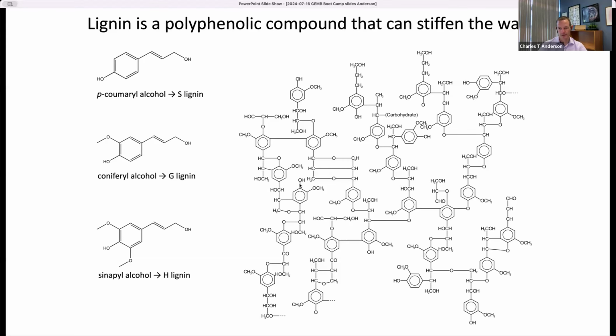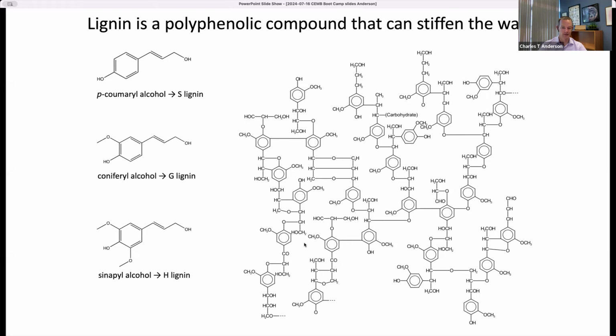And you can imagine, again, thinking back to OChem, that this whole polymer might be fairly hydrophobic just due to having all of these phenolic rings as part of it. And that's the case. And we think that lignin provides a waterproofing function to the wall and also enhances the strength of the plant cell wall.